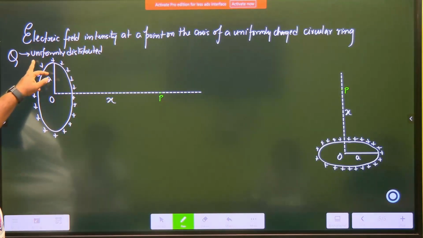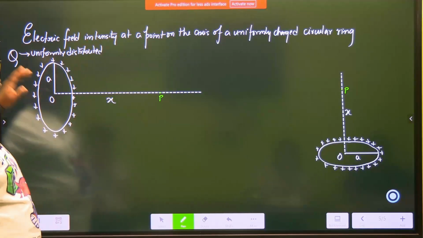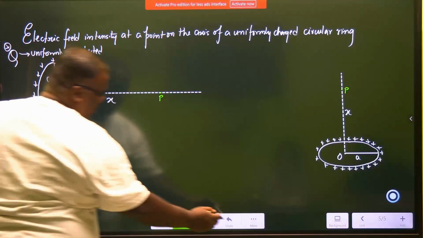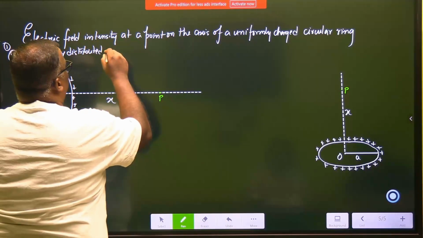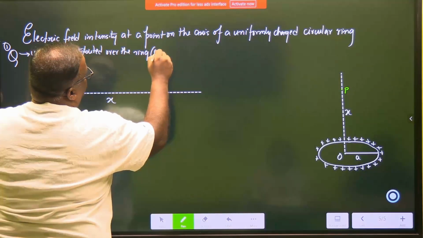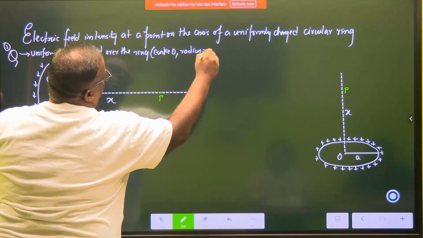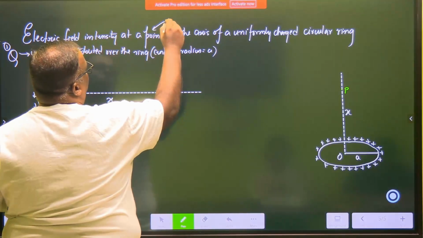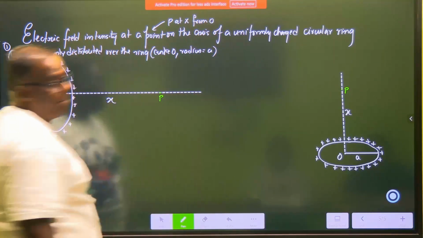Point number one: Q charge is uniformly distributed over the ring, and the ring has a center O and a radius equal to A. And the point P is at distance X from O. Clear now?